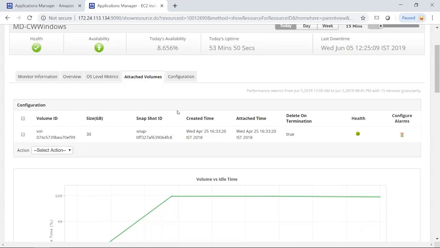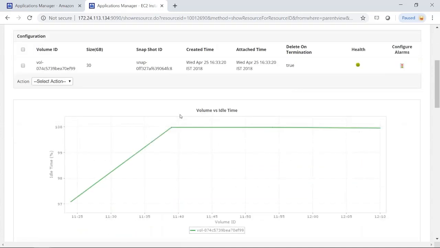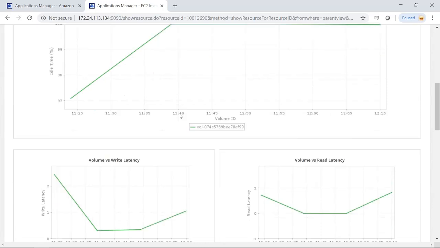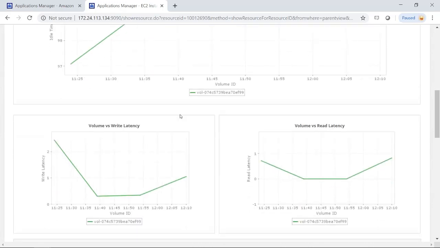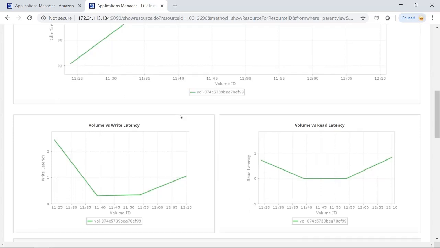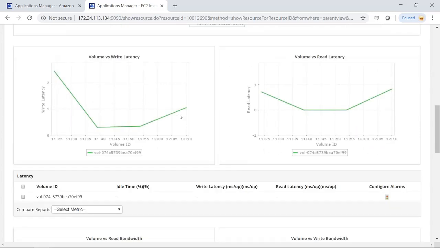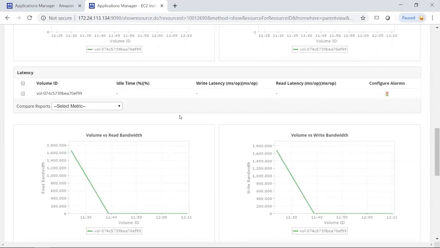The same information is what we identify here in the graph. Further down below, we also see the read-write latency operations on the specific volume ID, where we can see the overall idle time along with its bandwidth to let an admin identify the usage of various metrics.